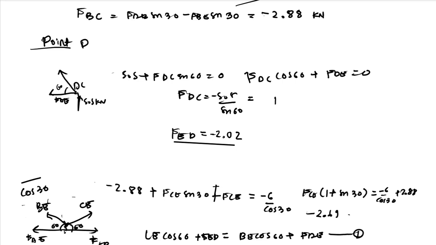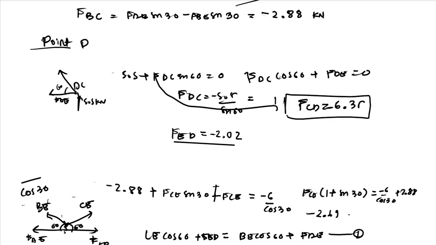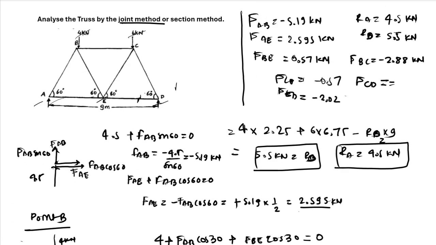So the value of CD should become 6.35 in the negative direction from this equation right here. You can use this equation to find FCD. So we have found out all the forces in the truss. So this is how you can solve this question. Thank you.